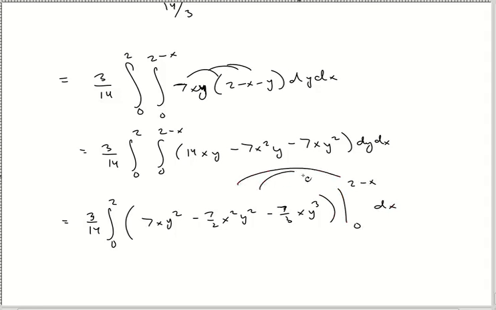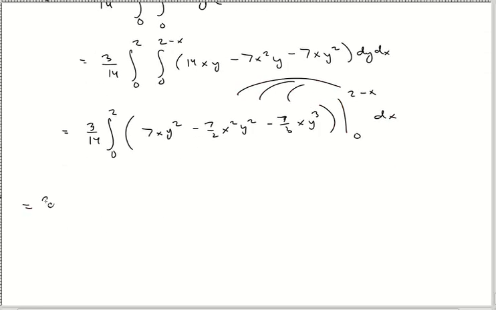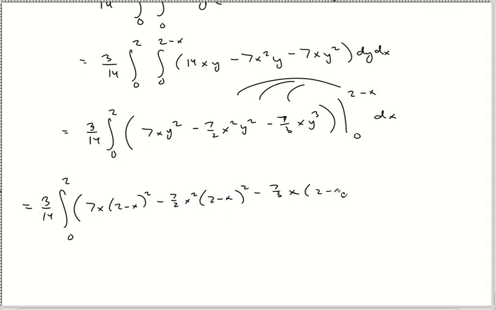Toss this into everything that's y. You can see I'm going to try to get a little bit of room here. And so 7x, 2 minus x squared minus 7 halves x squared, 2 minus x squared minus 7/3 x, 2 minus x cubed. Again, the 0 cancels, thankfully.